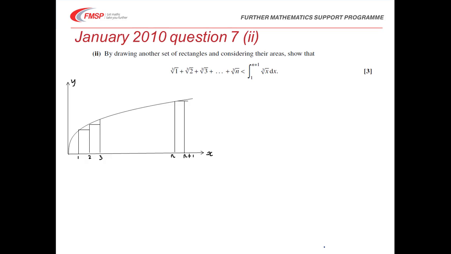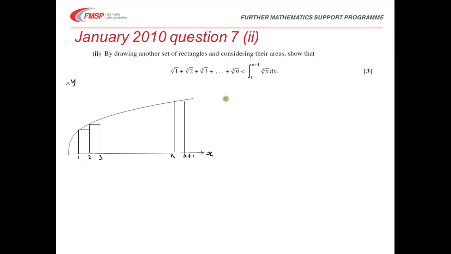If you look at the diagram I've done here, I've moved the rectangles 1 unit to the right. So this time we're considering the rectangles which are starting at the left hand coordinate. So each of these rectangles are underneath the curve.